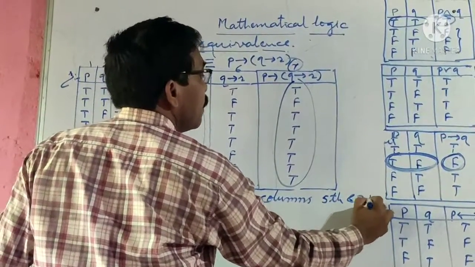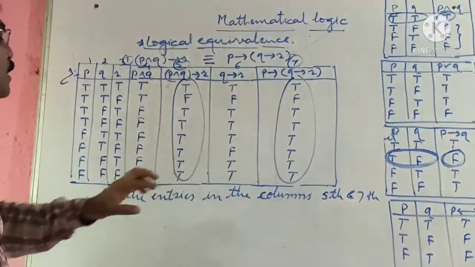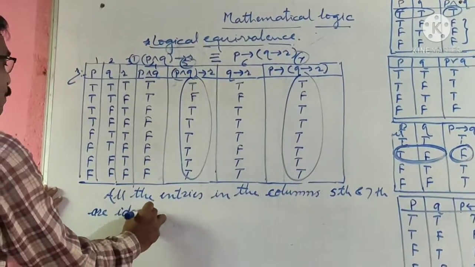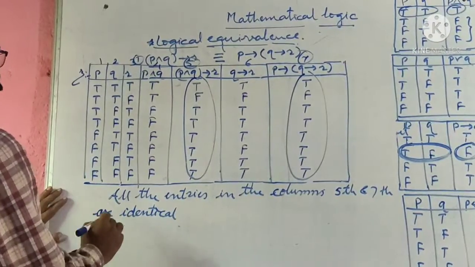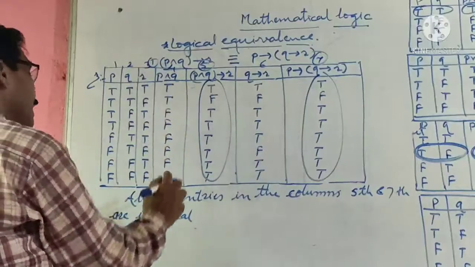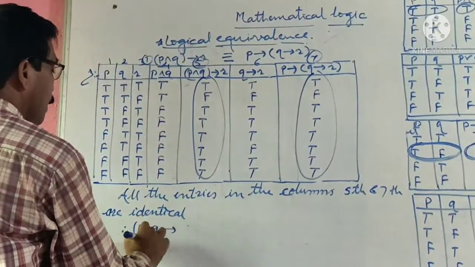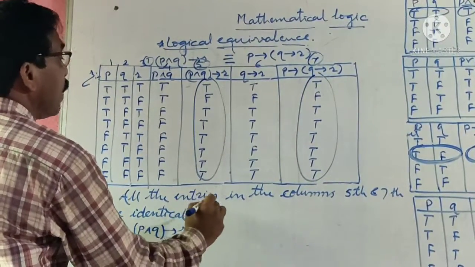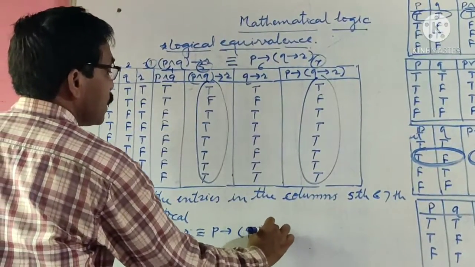Fifth and seventh. All the entries in the columns fifth and seventh are identical. Therefore, the given two statement patterns are logically equivalent, and we write it as P and Q implies R is equivalent to P implies Q implies R.